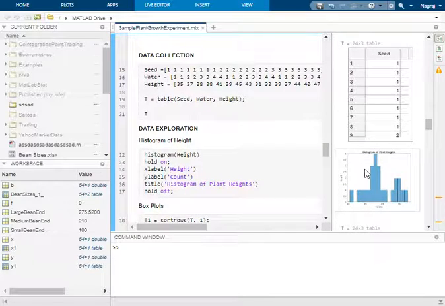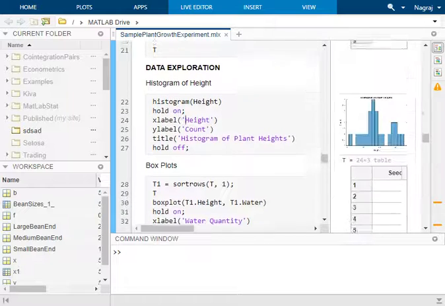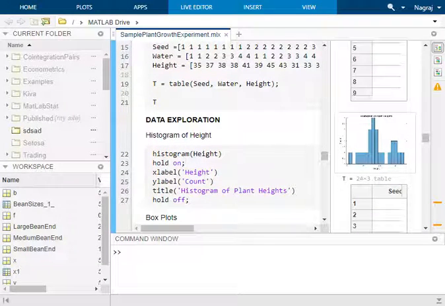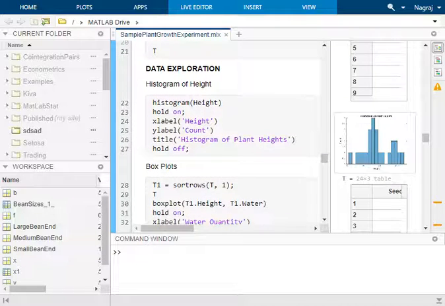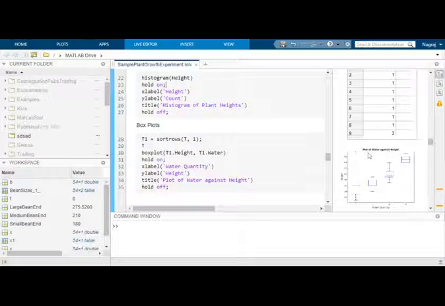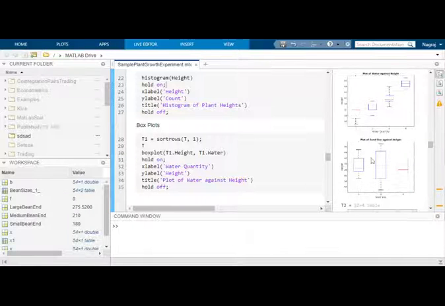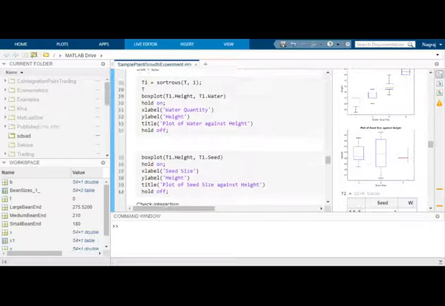So I don't know if you can see this, but all this is doing is creating a histogram of the heights of the bean plants. And next I create box plots, and all it's trying to calculate is how statistically significant is each water quantity and each seed size.